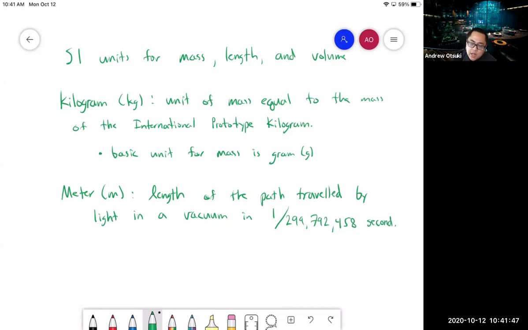We need a reference to be able to know how long something is, right? Because if we just say meter, we don't know what that means. So we need a formal definition. Same with kilogram. There are always these formal definitions or starting points that we can use as a reference point for other metric units.